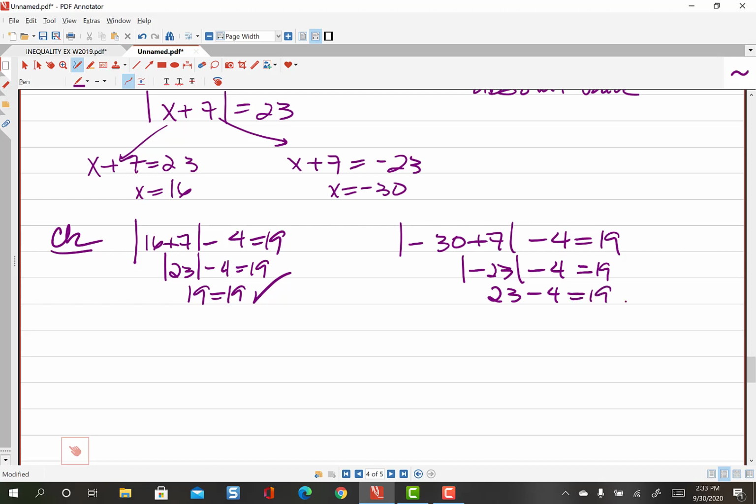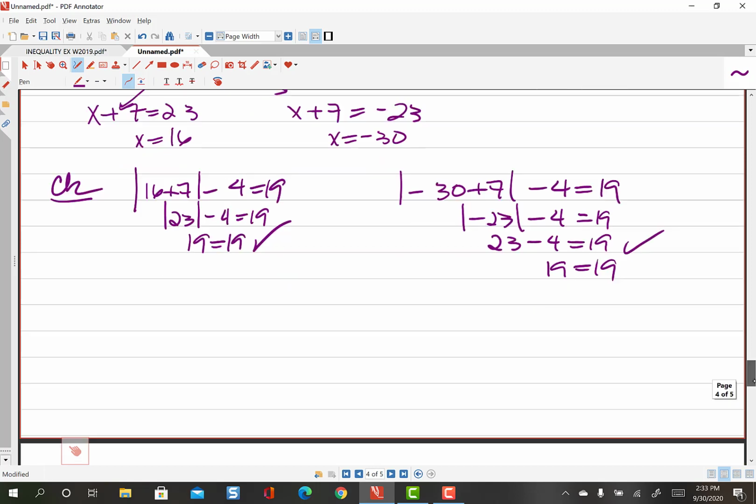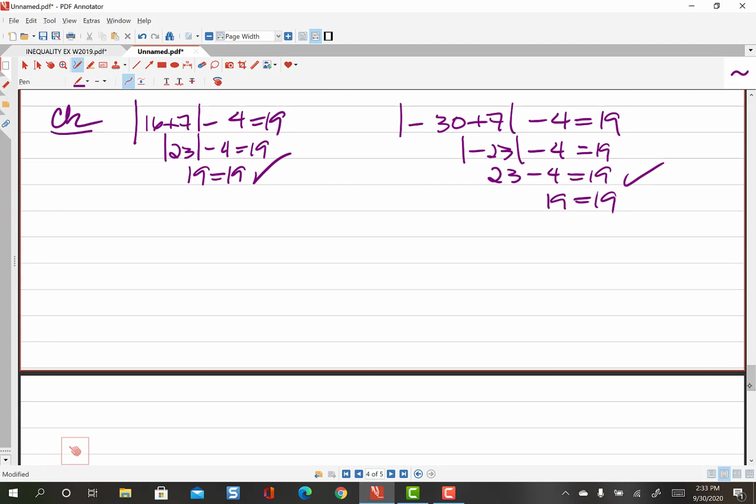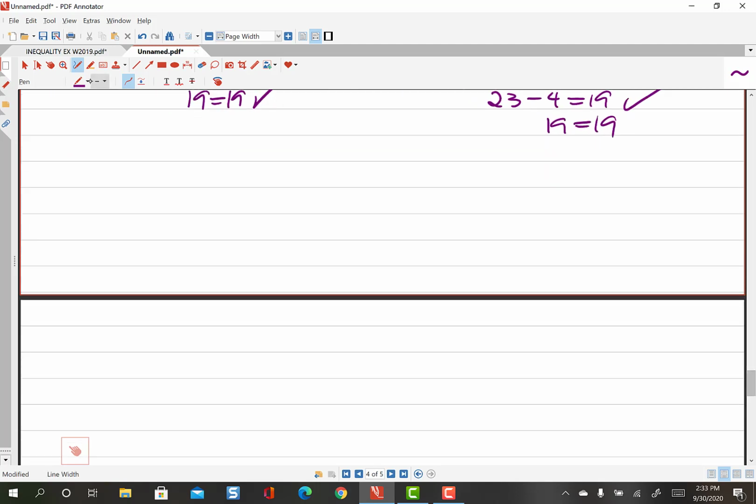All right, so the other type of problem that's in your book here on absolute values, and there's only a handful of them, is let's say I had something like this: the absolute value of 2x plus 11 is equal to the absolute value of x minus 9.